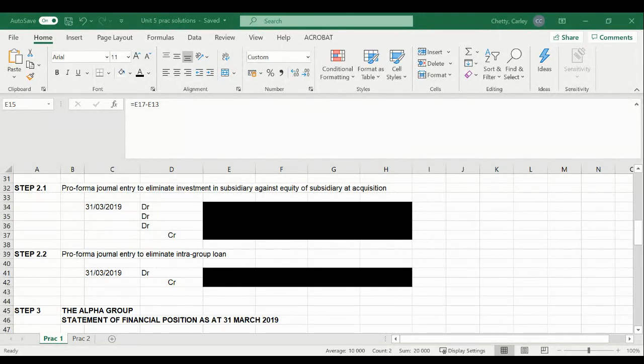Okay, correct. The journal entry we are going to process is a credit investment of 80,000. Okay, that is 100% correct. Okay. So now that we have had a look at the pro forma journal entry to eliminate the investment in Beta, now we need to have a look at the next journal entry.